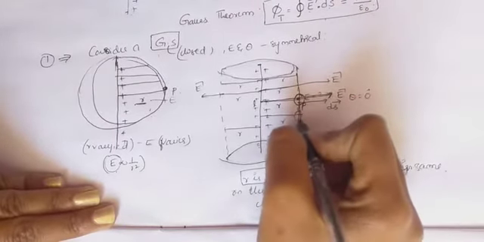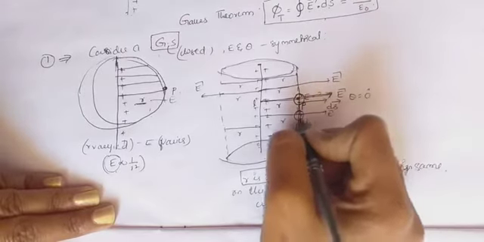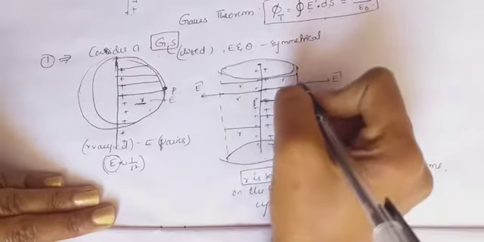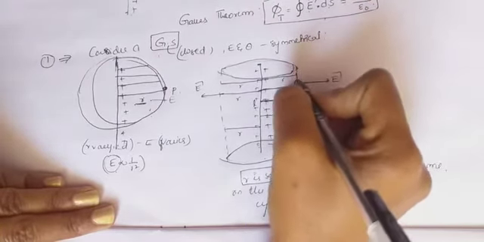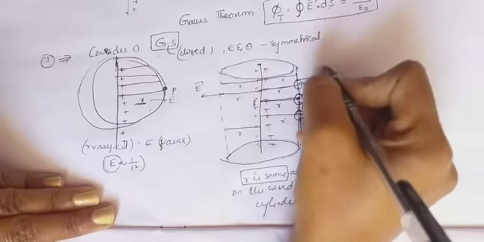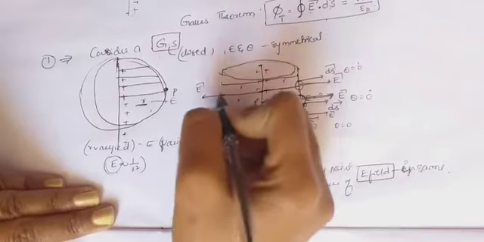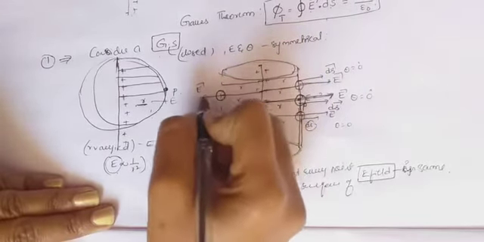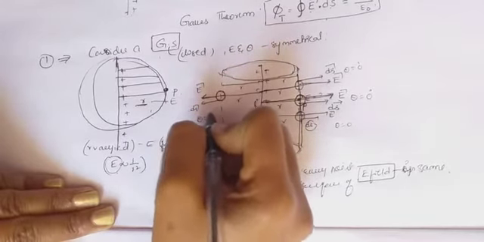Consider another small surface: this is the electric field direction and this is the area direction, so here also theta is equal to 0. Here also, a small area, the electric field direction and the area direction, so theta is equal to 0.